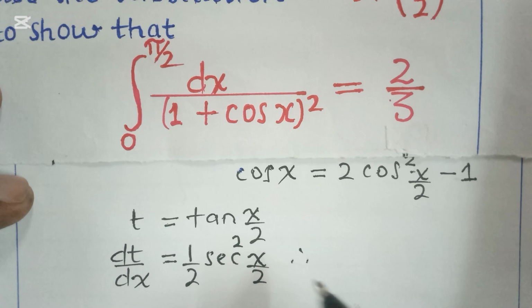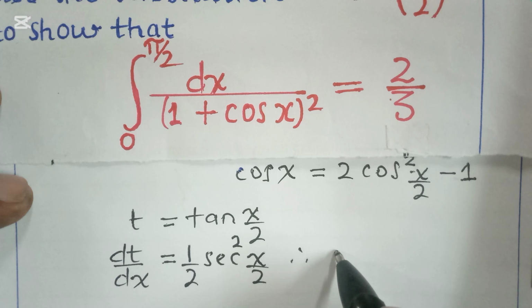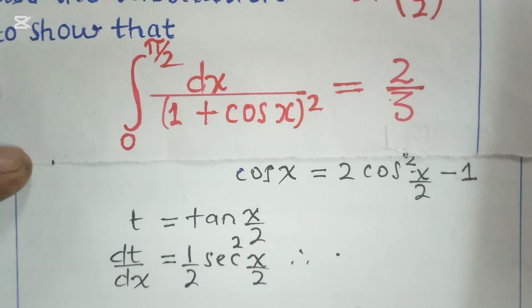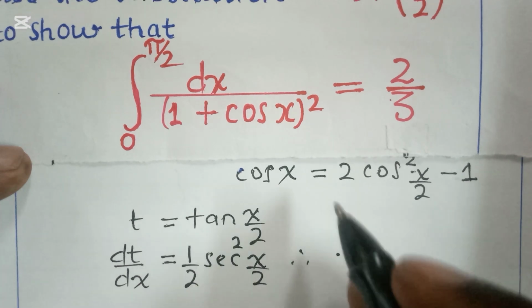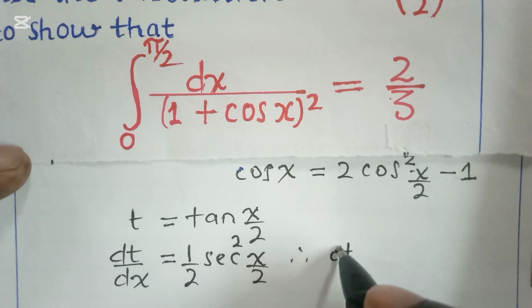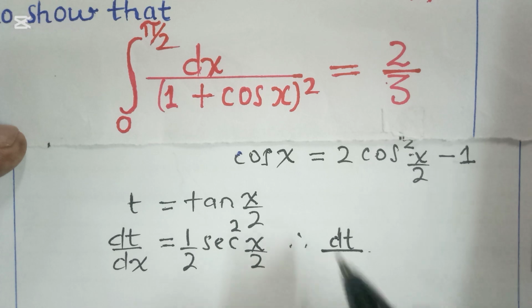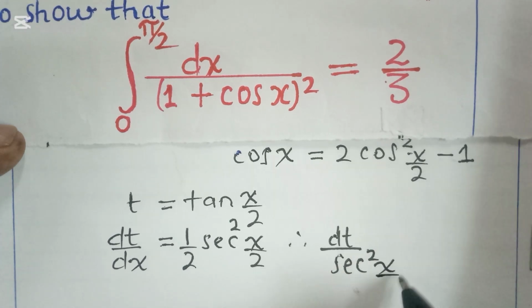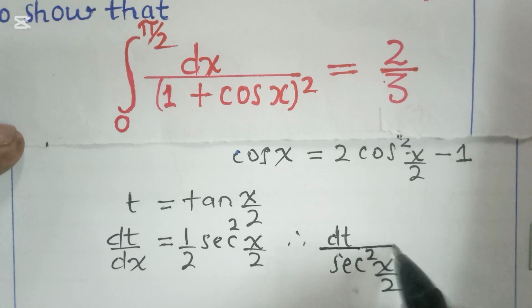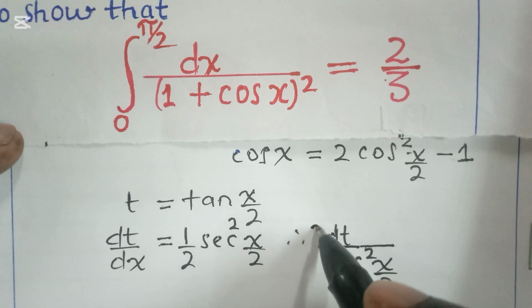And so therefore dx will be equal to dt over sec squared x over 2 times a half. I can extend that line, and then we bring this 2 to this place here.